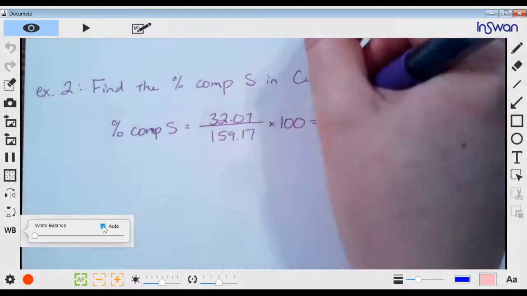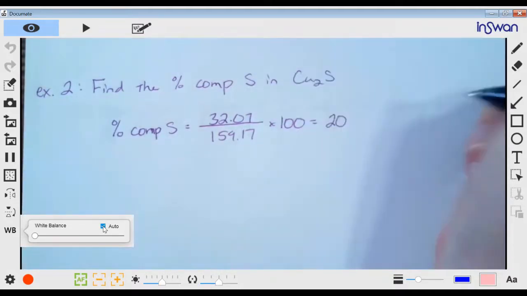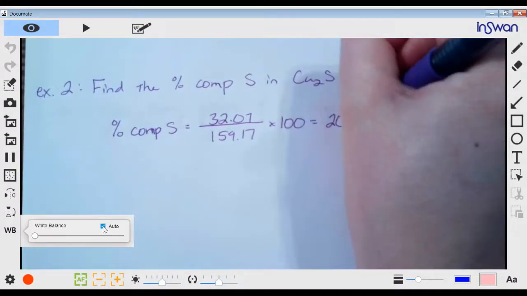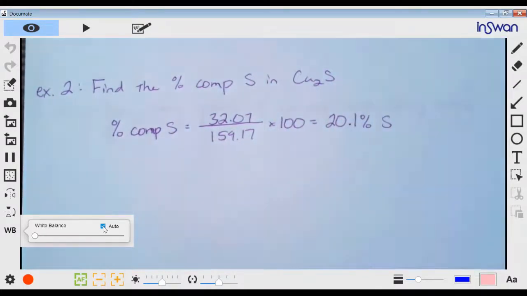So that gives me an answer of 20.1% sulfur.